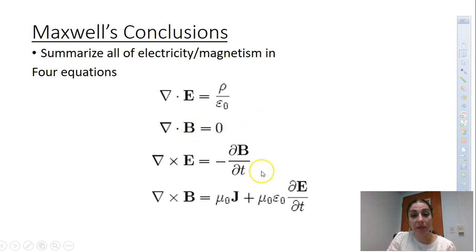And these basically summarize the effect of current and magnetism as we know it. So I'm not going to go through this, but every person should at least look at Maxwell's equations, because he took everything you learned and put it into 4 equations. It's kind of amazing. But I also show you this because he actually came up with something incredible from this, but he didn't even know it at the time.